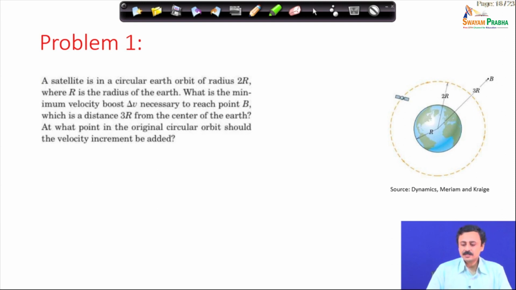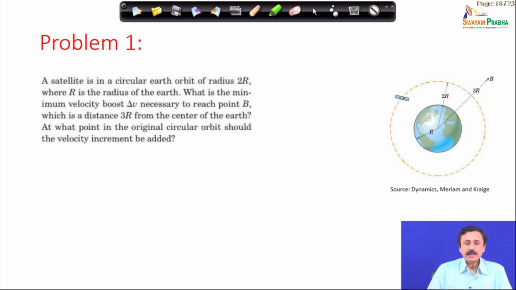The satellite is in a circular orbit, and the radius of the orbit is already specified, it is 2r. You can find out the orbital speed. Now, the question arises: what is the minimum, because it is asking for the minimum energy boost required to reach point B. When will I have the minimum energy boost?